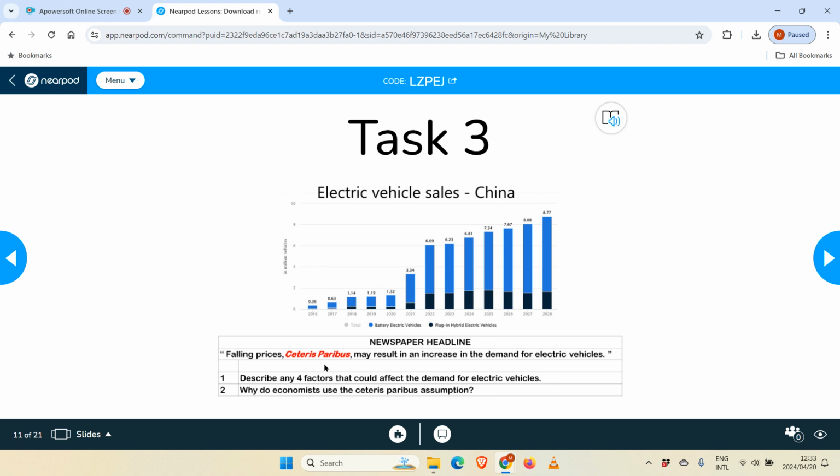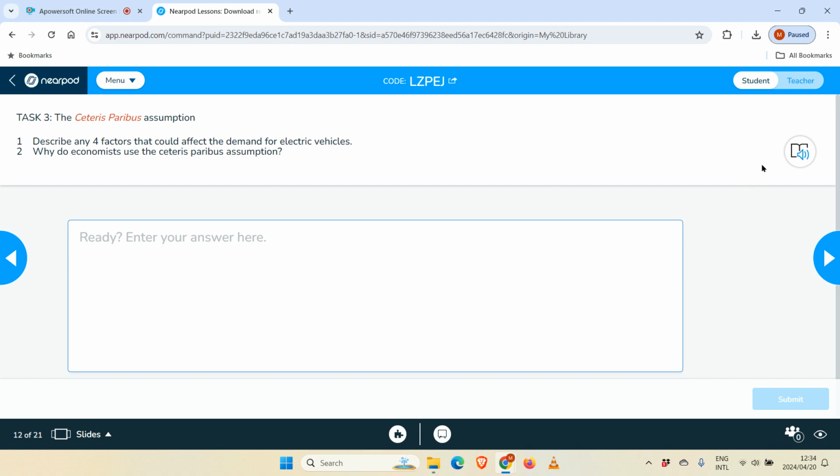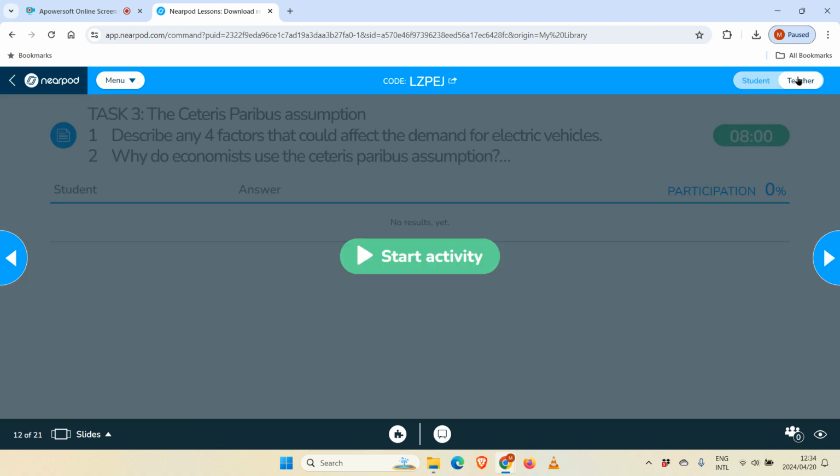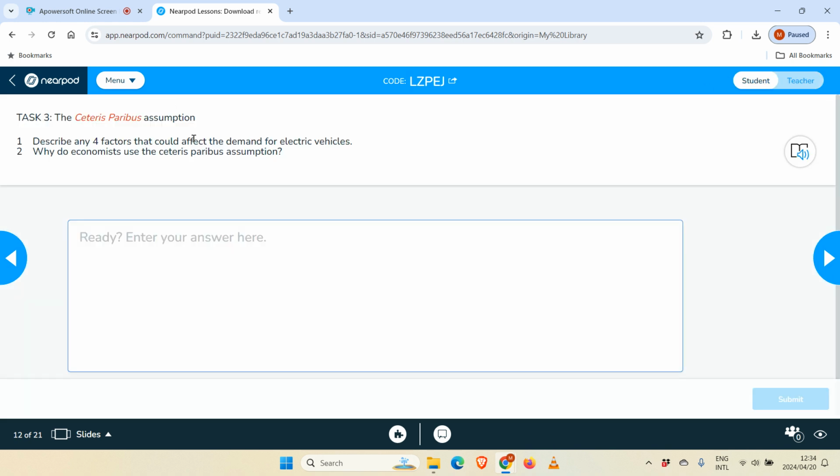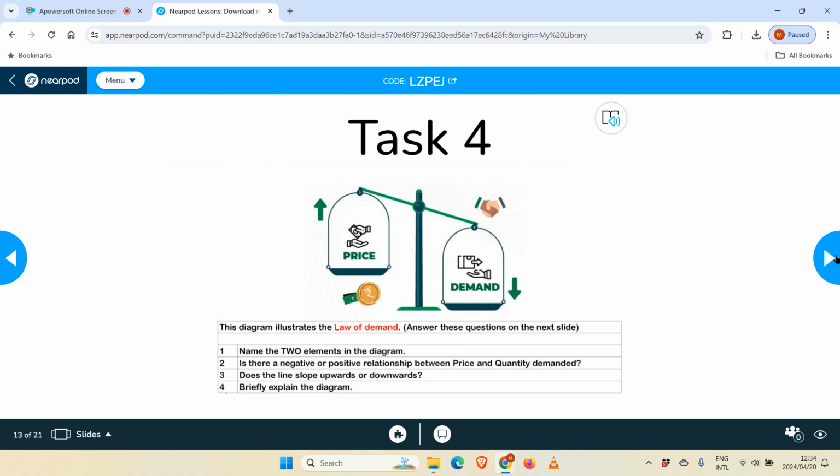So we have to use this term, ceteris paribus. Again, the teacher will start the activity, and the students will see the questions and complete them in this space. Right, let's go on to our next activity, where we look at the law of demand.